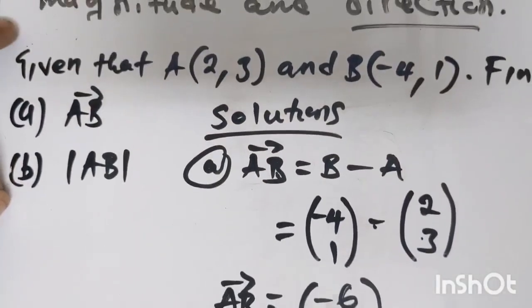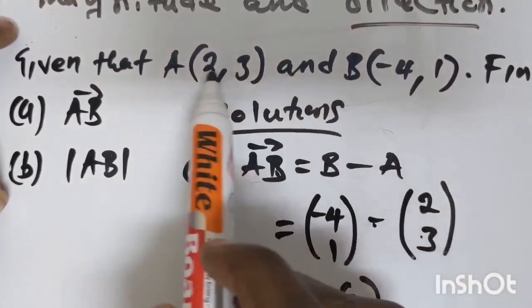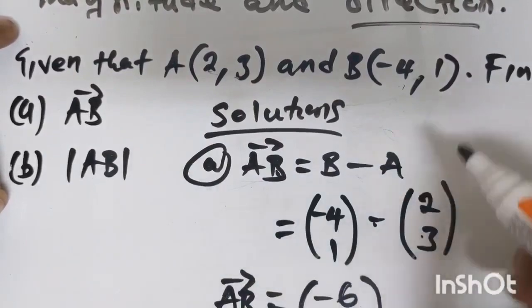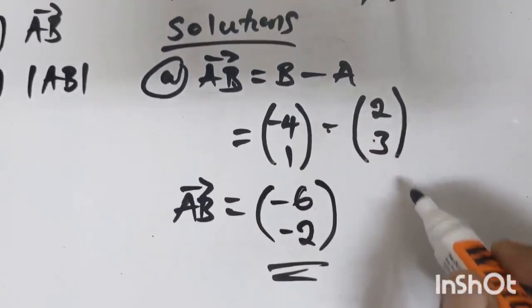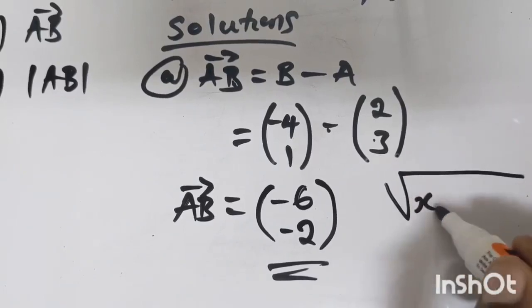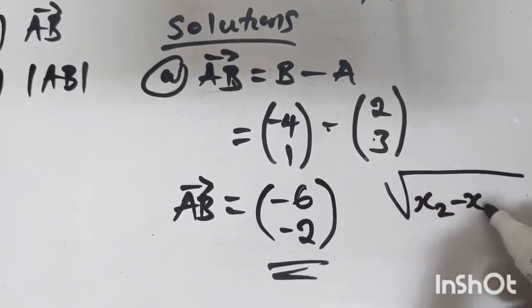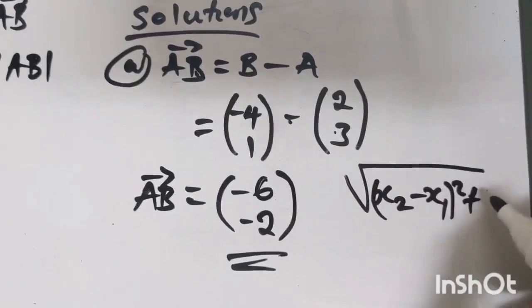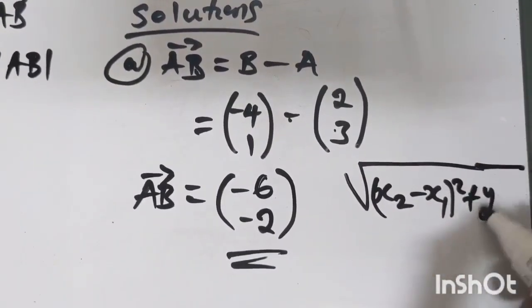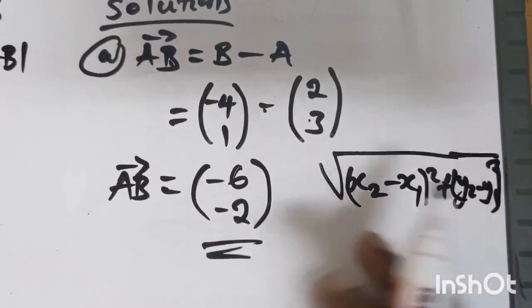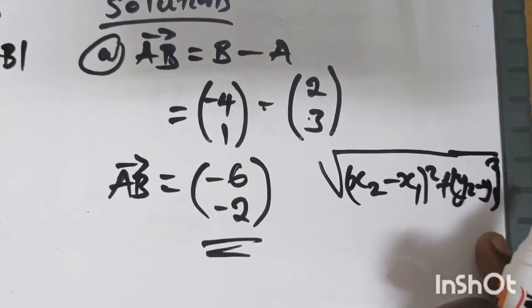If you have 2 points, you can use the formula: the square root of x2 minus x1, squared, plus y2 minus y1, squared. You can use this same formula if you want to find the magnitude.